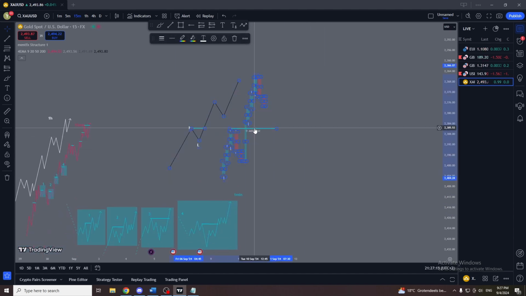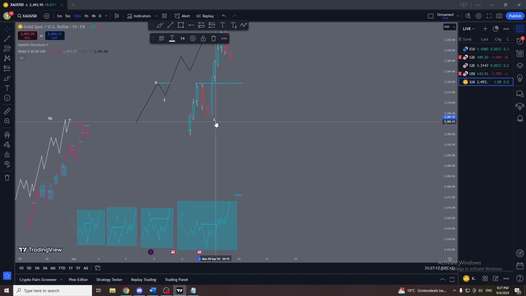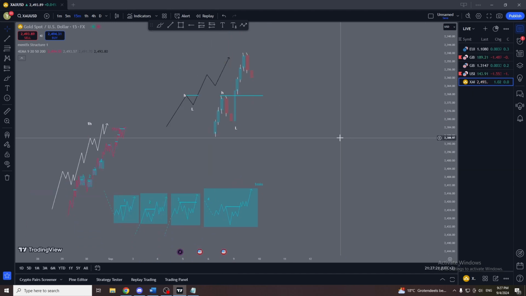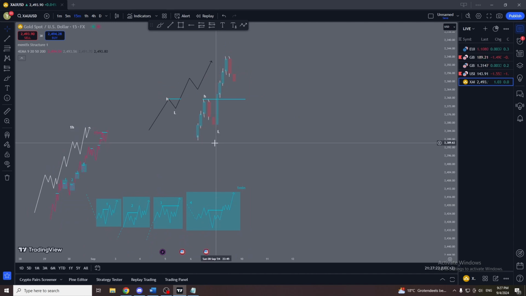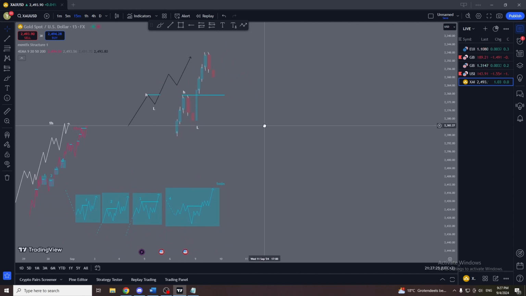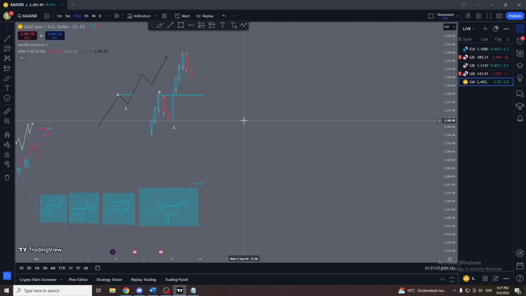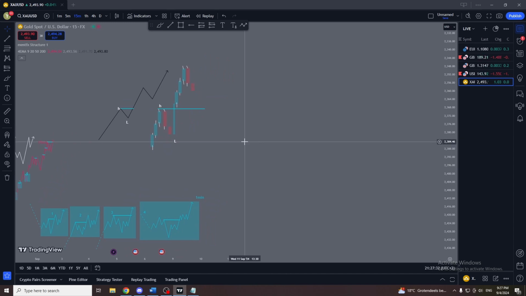Maybe I'll keep this because it makes it easier for you guys to see. Okay, now why did I explain this? Because I use it on the 1 minute as well. When I'm on the 1 minute, I want to wait for a reaccumulation, and I can trade inside the reaccumulation.